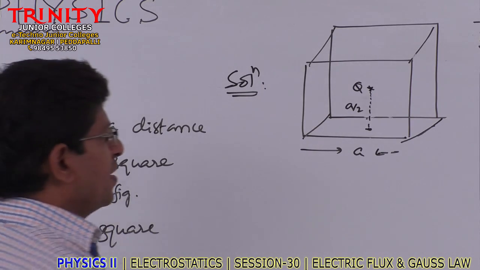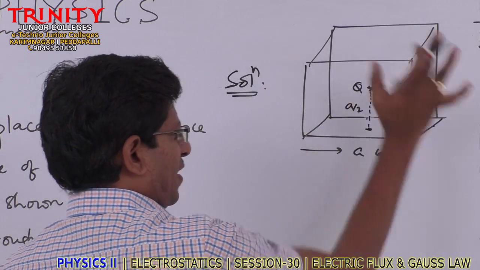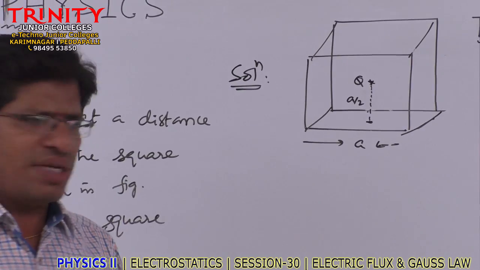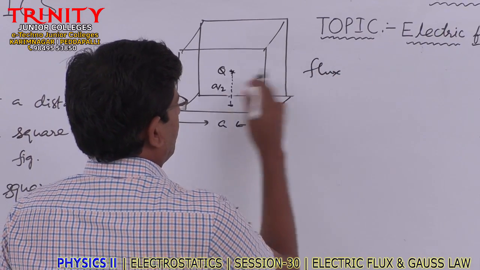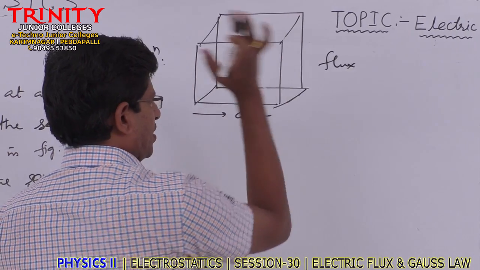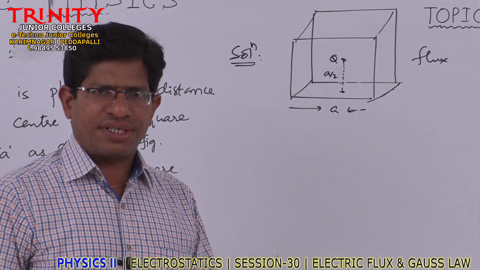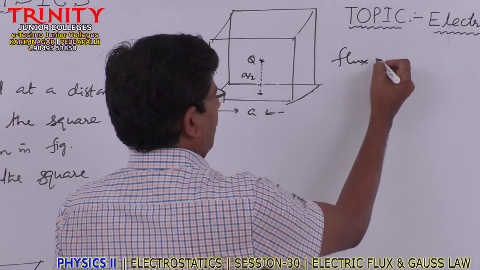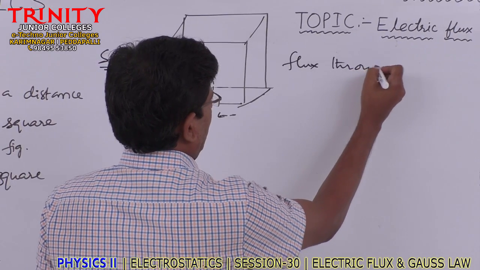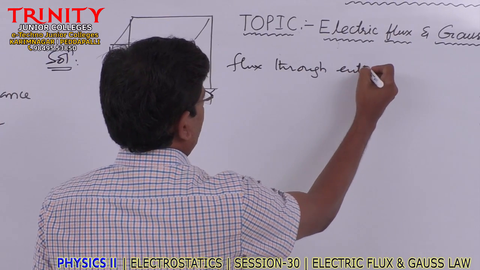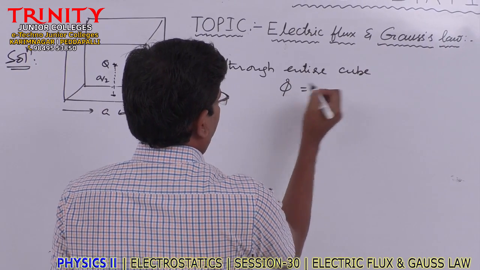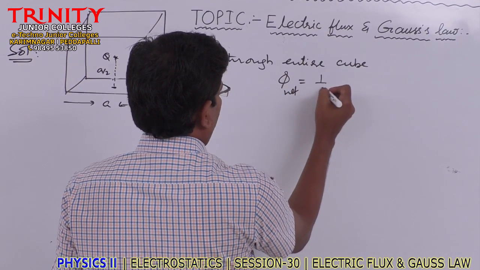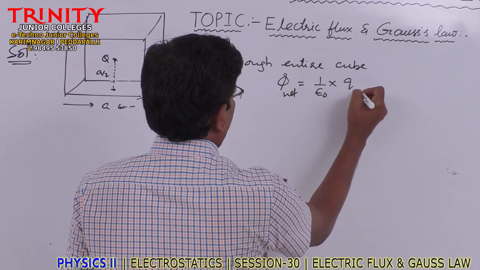Now, the flux through all the faces, what can I say is, because it is a symmetrical situation, the charge at center means completely symmetric. The flux through the entire cube is nothing but net flux is 1 by epsilon into charge enclosed.